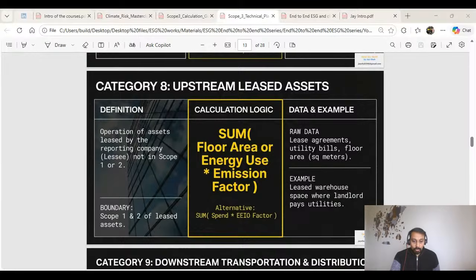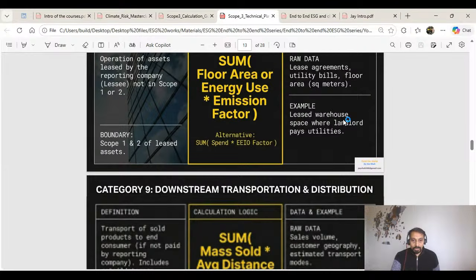Okay, let's continue with category 9 for the downstream side.